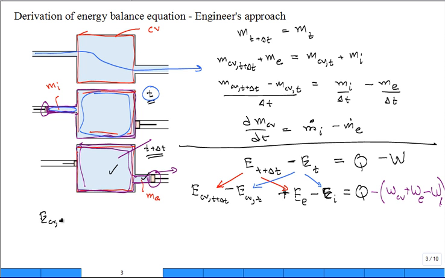Energy CV at time t plus delta t minus energy CV at t, leave that as a group, equal to Q minus the work control volume. It's going to be a minus W_E, a minus E_E, plus a W_I for in, plus E_I in.